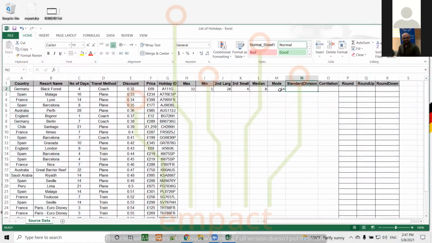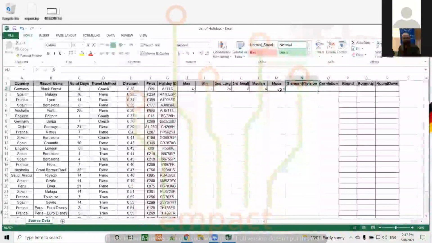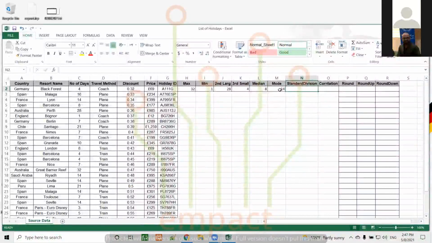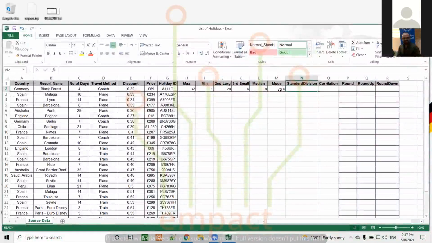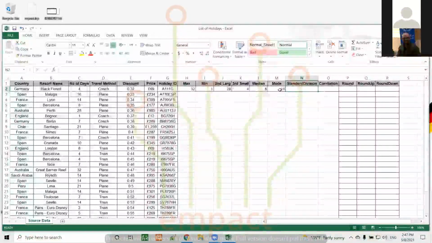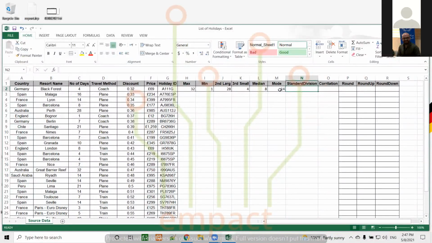Now, moving to standard deviation. The standard deviation is not the average. It takes the deviation of the data, not the average of the data. So there is a difference between standard deviation and the average.